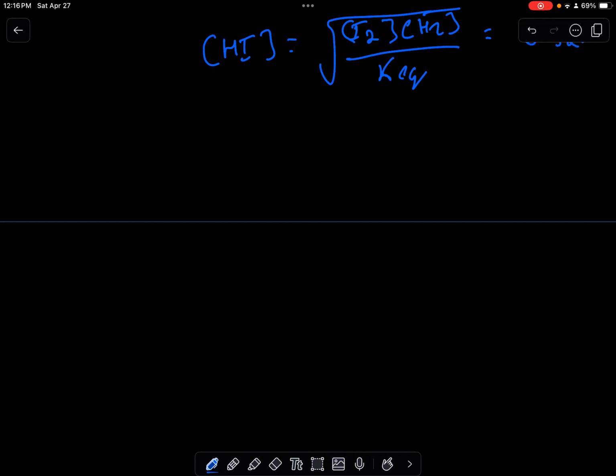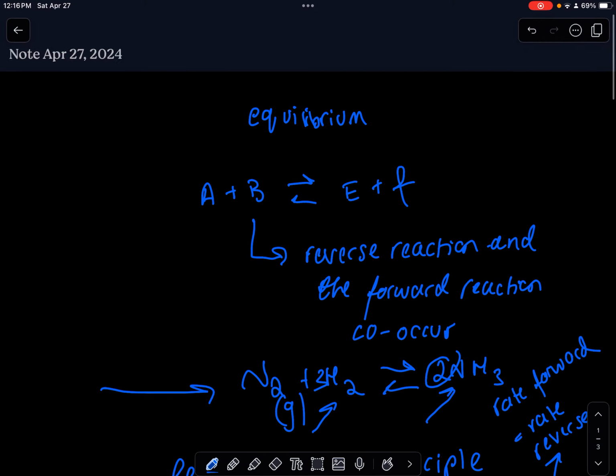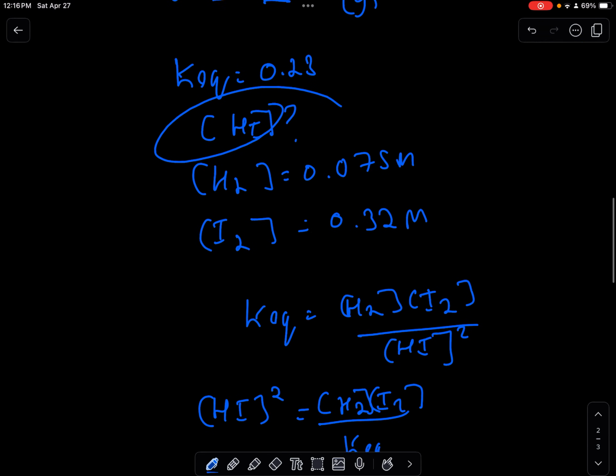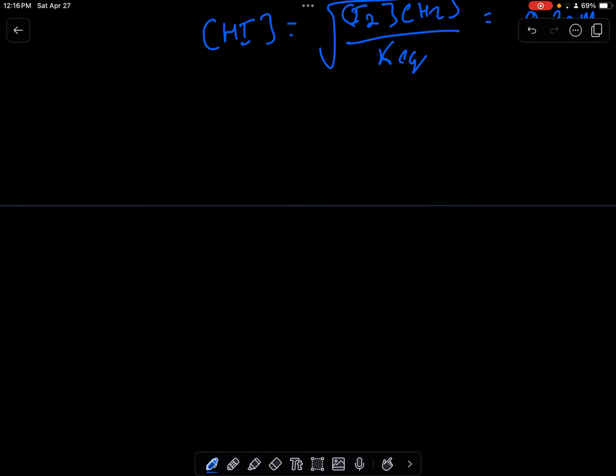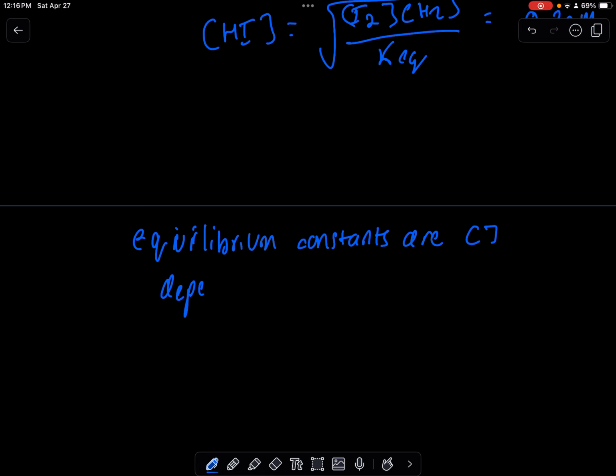So we've talked about the equilibrium constant and how to calculate it. Let's just talk about certain things that actually won't be included in the equilibrium constant. Equilibrium constants are concentration dependent. I'll explain why this is important.